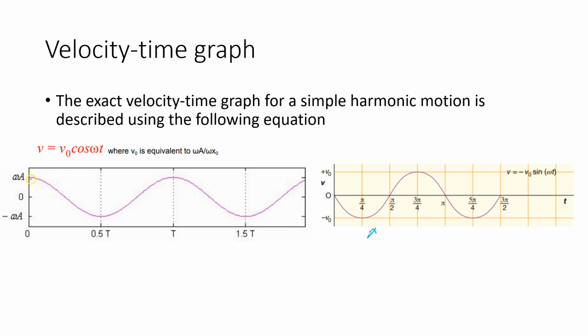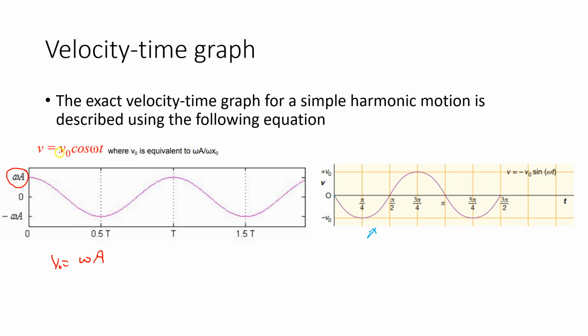If you want to find the maximum velocity, the maximum velocity is equal to omega times the amplitude. That's how you generally find the maximum velocity for this type of system.